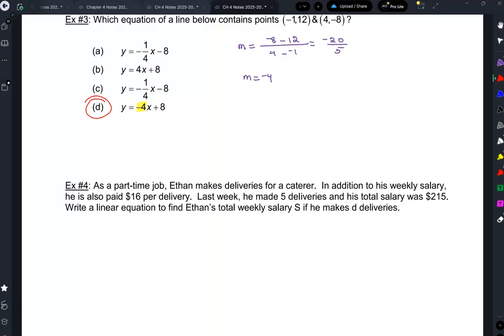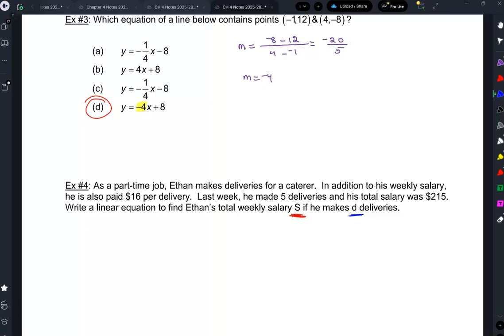You're making big. So last week, he made 5 deliveries, and his total salary was $215. Write a linear equation to find Ethan's total weekly salary S if he makes D deliveries.